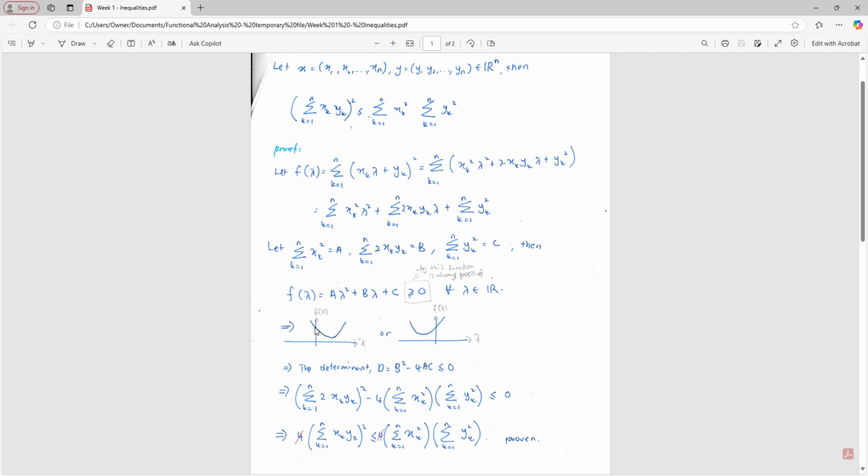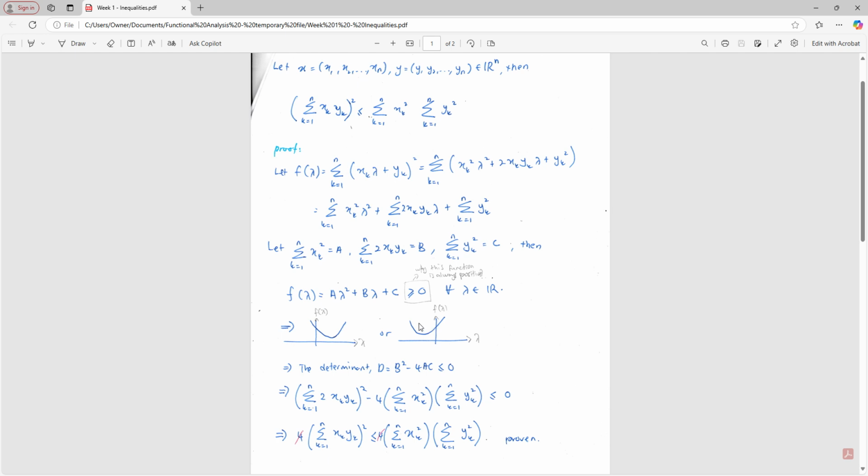If it crossed the x-axis, then some part would become negative, for example going like that and up like this. That is not a possible case. So we always conclude that our function must be something like this or like this only.